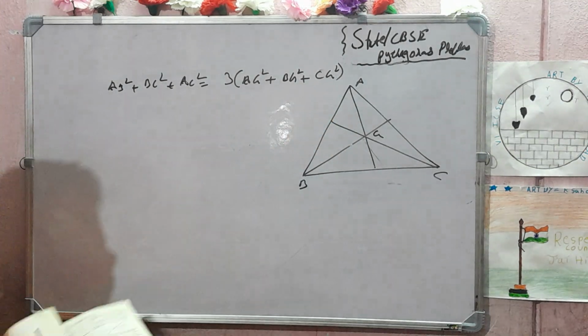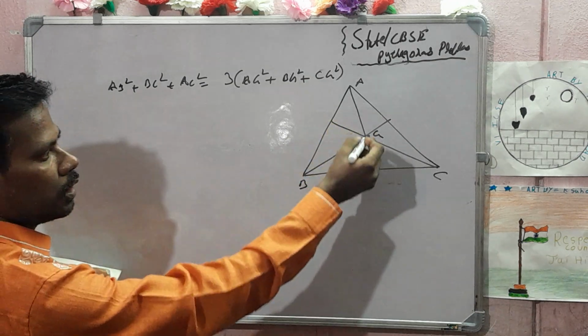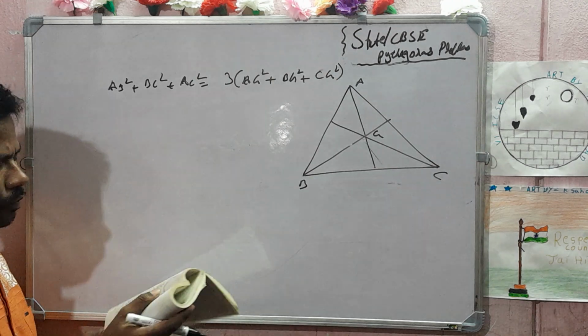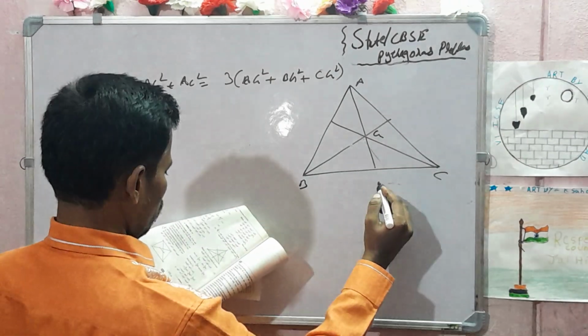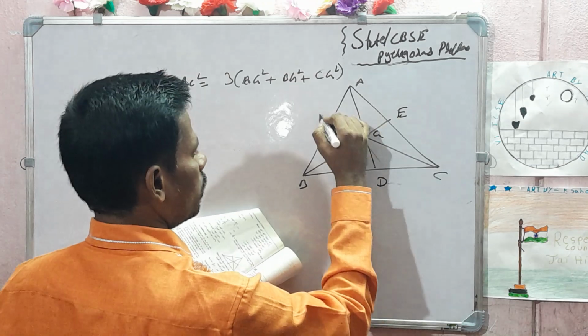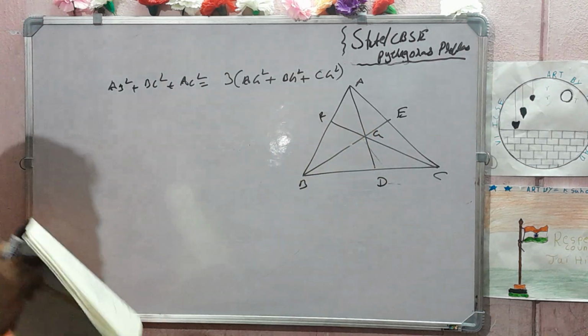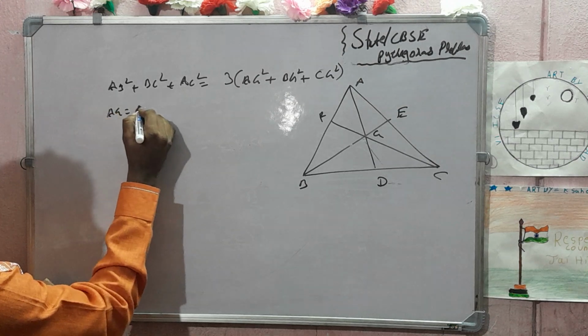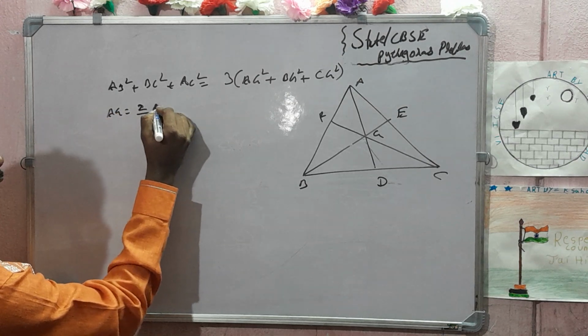So before doing this problem, you should know that the centroid divides the median in the ratio 2:1. So AG is equal to 2 by 3 of AD.